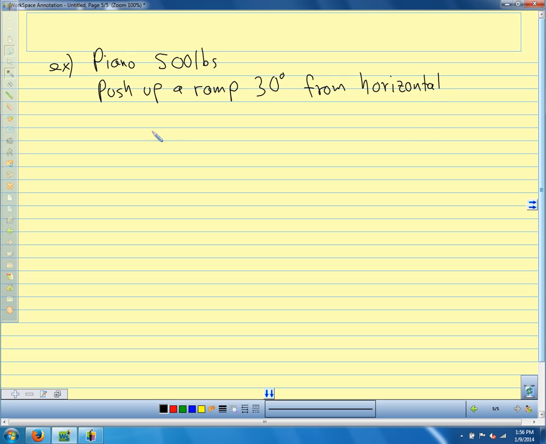And the board that we're using, the salesman at Home Depot says this board will hold 450 pounds. So the board will support 450 pounds. We want to know, will this work?